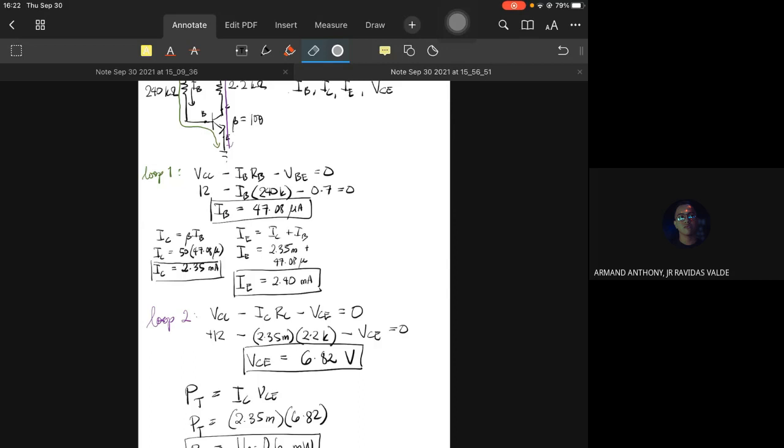All right. I think almost the same anong mga nakuha ng mga values, no? 47 micro. The same as ako sa ganina. Kay ang IB is dili man dependent sa kuan beta. So pala lang IB.